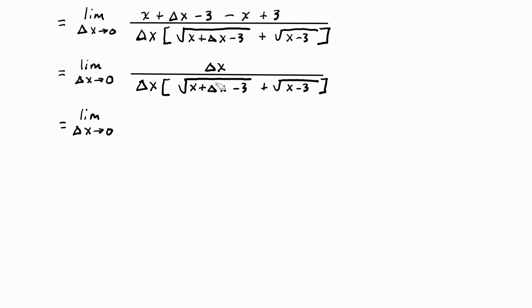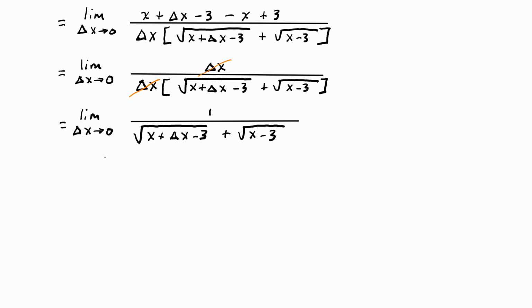Now we see that the delta x in the numerator will cancel with the delta x in the denominator. Get the fraction bar in there, and we have 1 over the square root of x plus delta x minus 3 plus the square root of x minus 3.